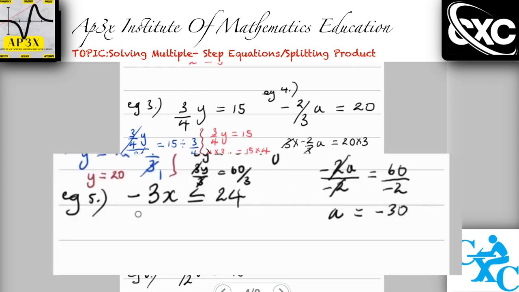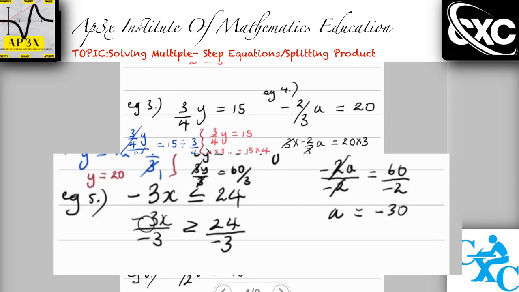Now we know that whenever we are dividing both sides of an inequality by a negative number, the sign must be reversed. The only time we do that is when we are dividing by a negative coefficient.